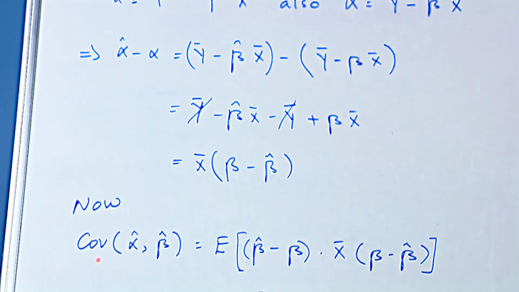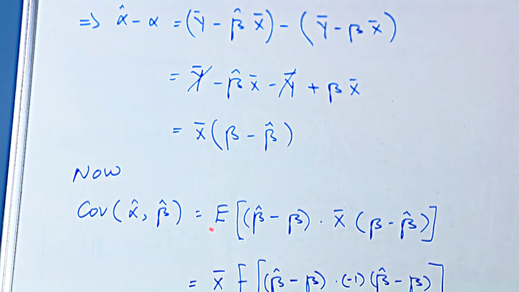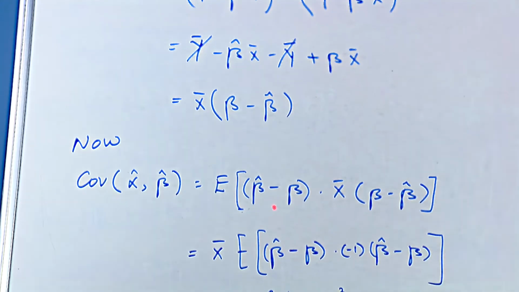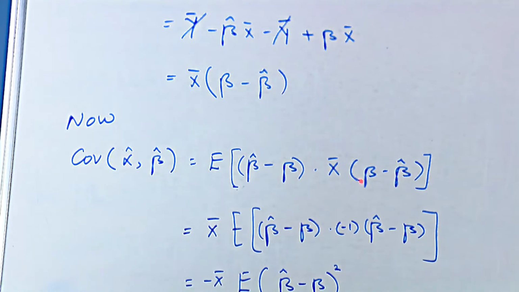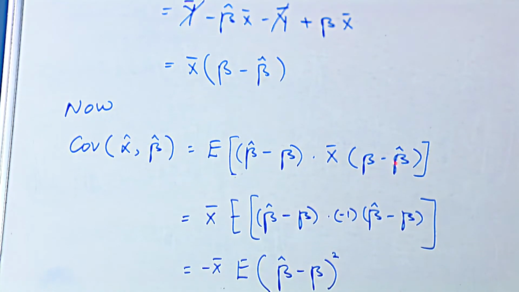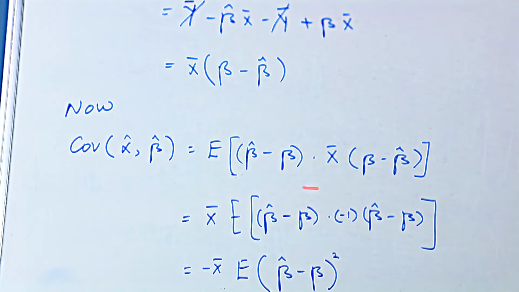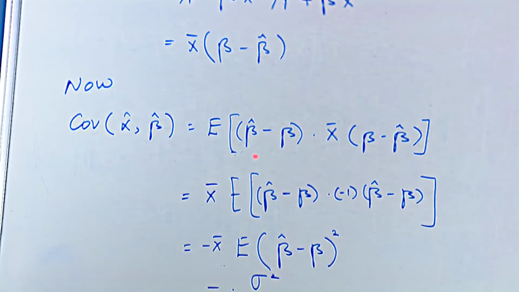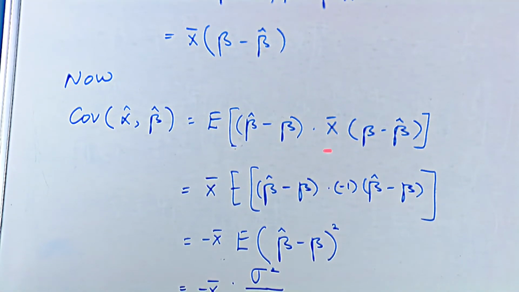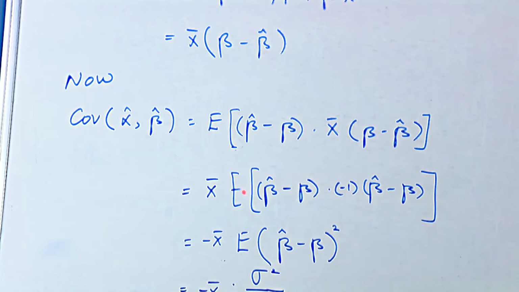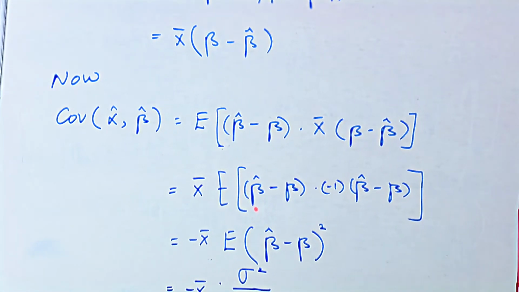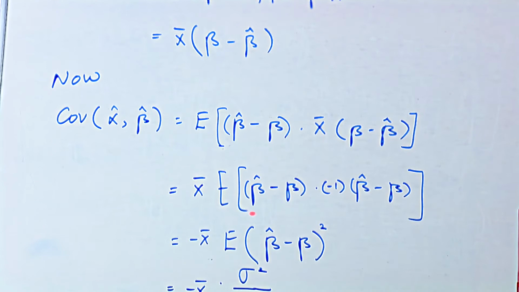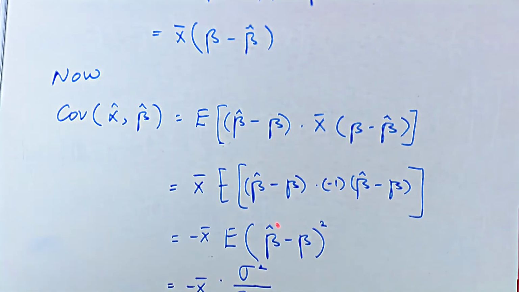Substituting this value, now covariance of alpha hat beta hat becomes expectation of beta hat minus beta into x bar into beta minus beta hat from the earlier expression. So we substitute this expression for alpha hat minus alpha. Again, x bar can be taken outside because it is a deterministic value, and these are the stochastic values, so expectations can be taken for these stochastic variables.